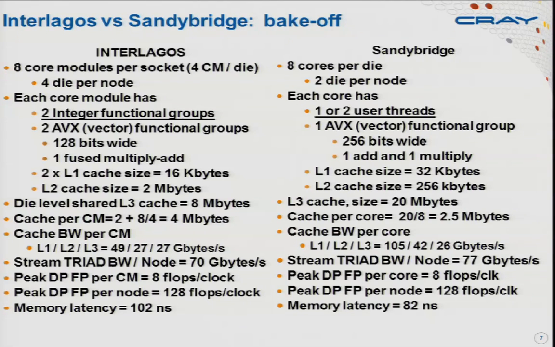On the other hand, Sandy Bridge has 1 AVX functional unit that is 256 bits wide, and they don't break it up. So on Interlagos, you could still compile SSE vectors that were only 128-bit wide and get potentially pretty good performance. It's less clear that that's the case over on Sandy Bridge. On Sandy Bridge, if you're going to vectorize, you might as well go whole hog and vectorize AVX and get the 256.